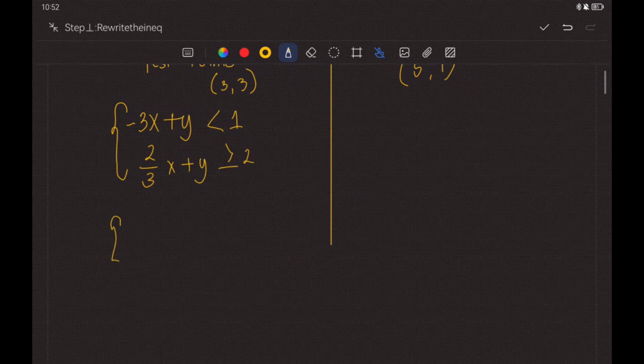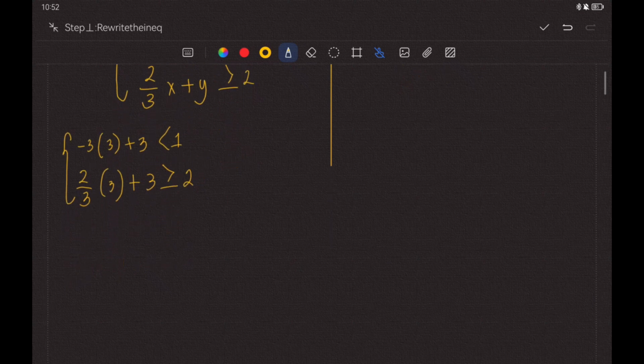So the first one, this will become negative 9 plus 3 is less than 1. 6/3 plus 3 is greater than or equal to 2.